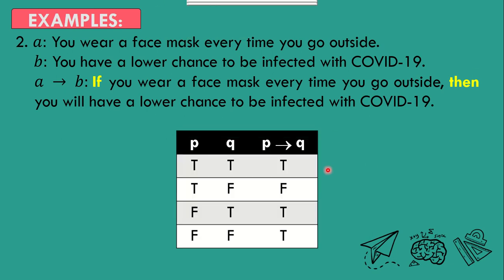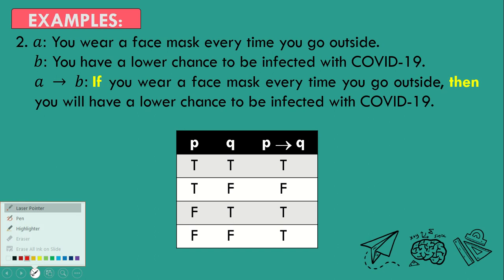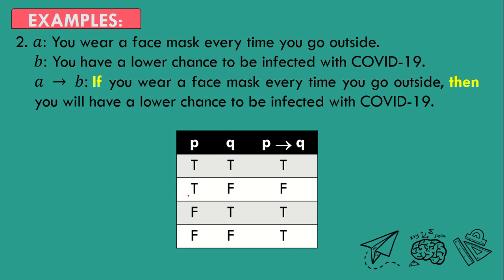So here we have now the truth values. If we go back to the previous slide, there's only one condition for this conditional proposition to become false: when the premise is true and the conclusion is false. So this is false, and the rest is true. When the premise is true and the conclusion is true, that is true.